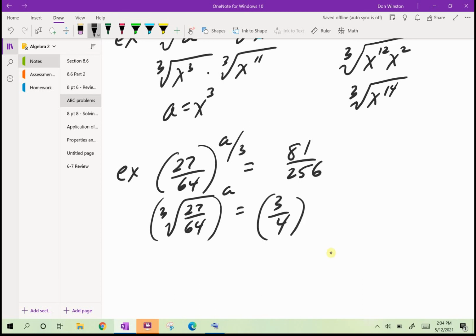And I raise everything to the A. Well, A then has to be 4. Why? Because 3 to the 4th over 4 to the 4th will give you 81 over 256. So A equals 4.